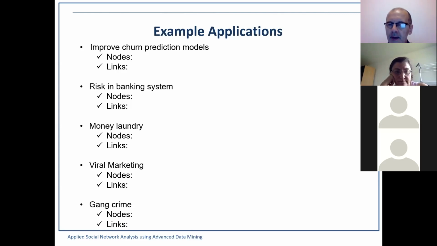So we can analyze the call behavior among customers. We can model our social network in the following way. Nodes are customers, and links are established. How do we establish links among customers in this particular case?